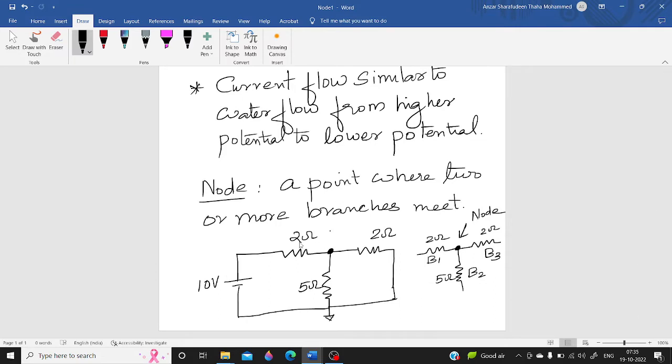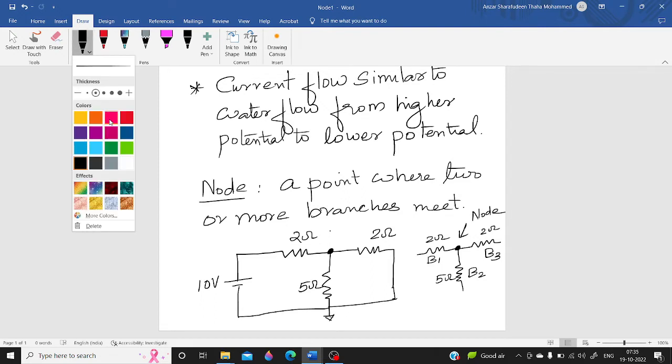Let us consider a network like this. A node is a point where two or more branches meet. In the circuit, if we analyze, there are three branches. One is the branch with this 2 ohm resistor.